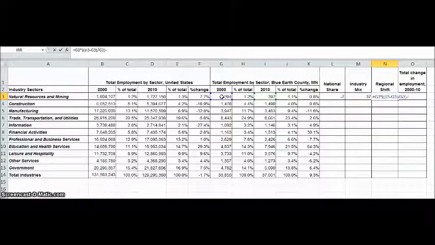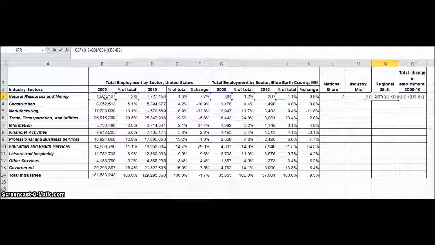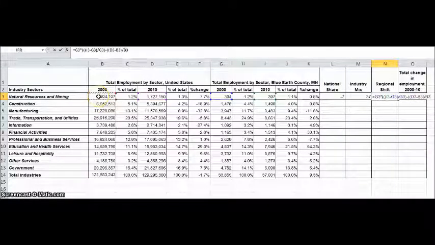Now we do the second percentage change, which is the total employment in 2010 in natural resources and mining in the whole United States, making sure our parentheses are correct, minus the total employment in natural resources and mining in 2000 in the United States, divided by the total employment in natural resources and mining in 2000 in the United States. And if you have your parentheses correct, you'll get the right answer.